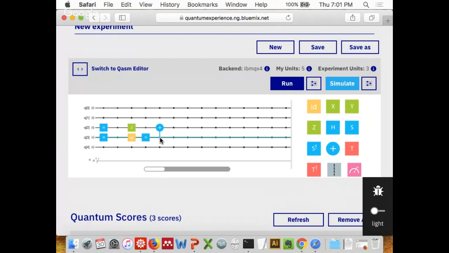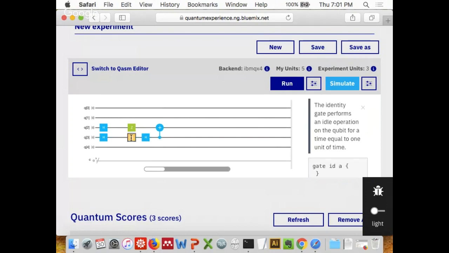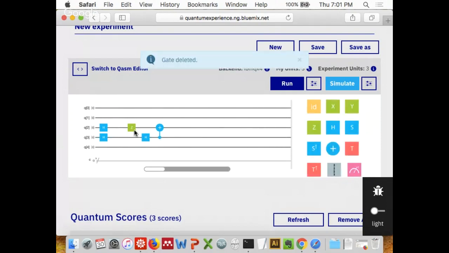Oh, we can just reverse. We'll make qubit 3 the control, and qubit 2 the target. Okay, everybody with me there? And then, so that's our oracle.